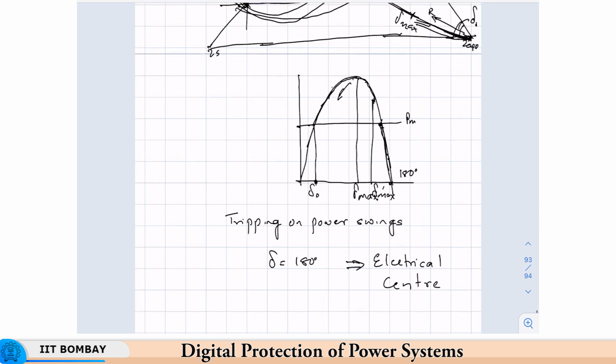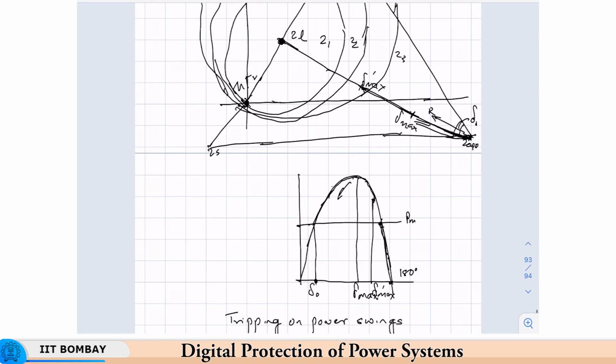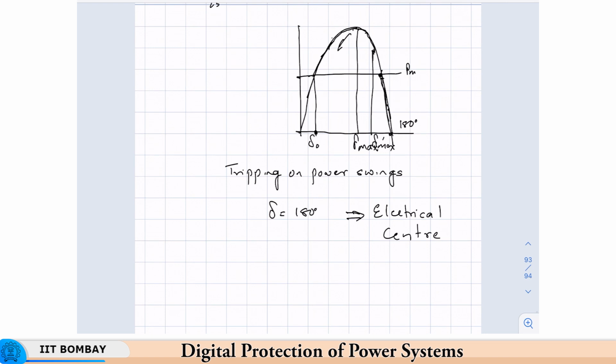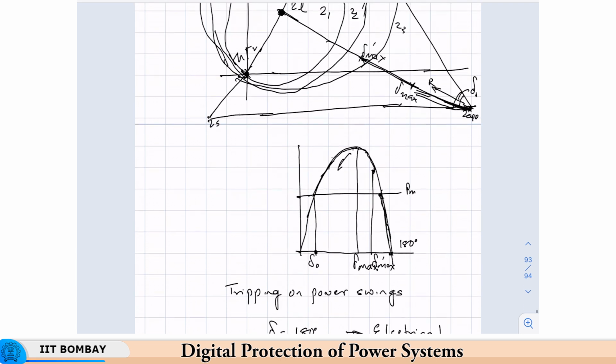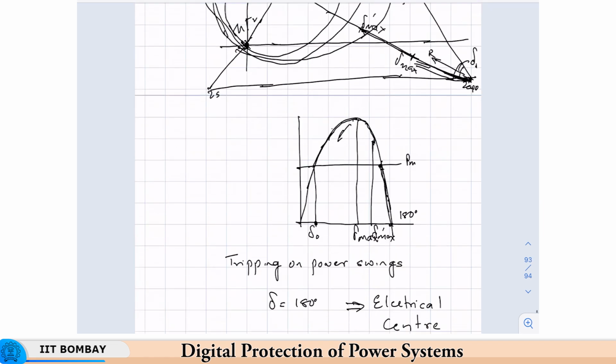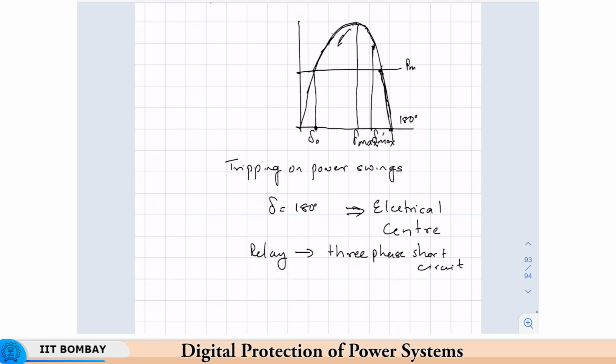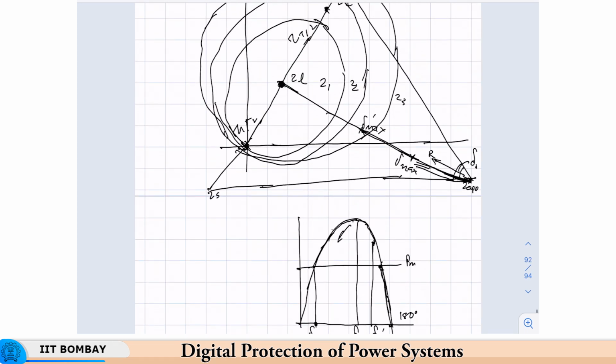So, this is known as the electrical center, and what happens at the electrical center is, because the locus lies on the line, the relay sees it as a 3-phase short circuit, and will issue an immediate trip command. So, for the relay it is impossible now to distinguish whether it is a fault or a swing, and it will issue an immediate trip command.